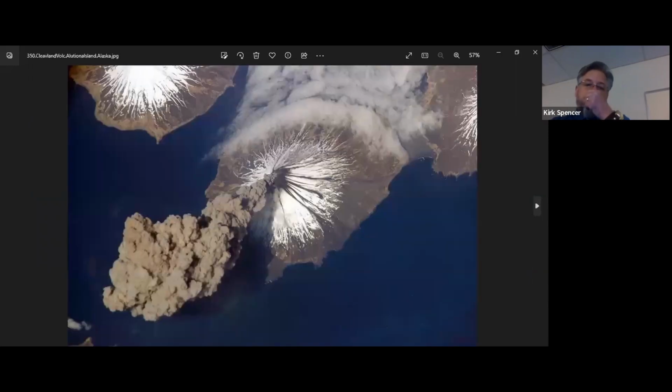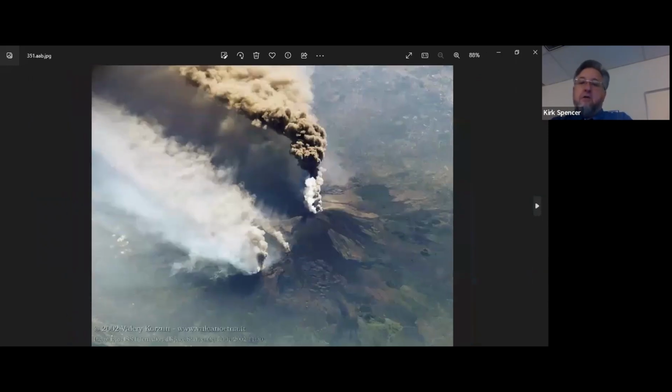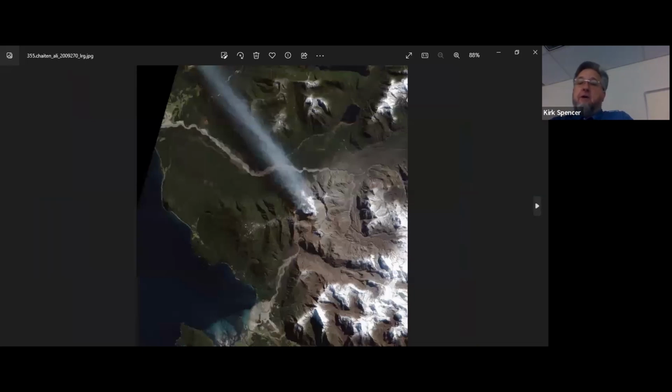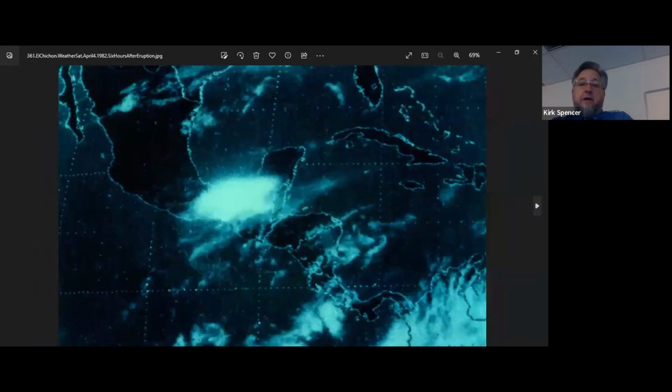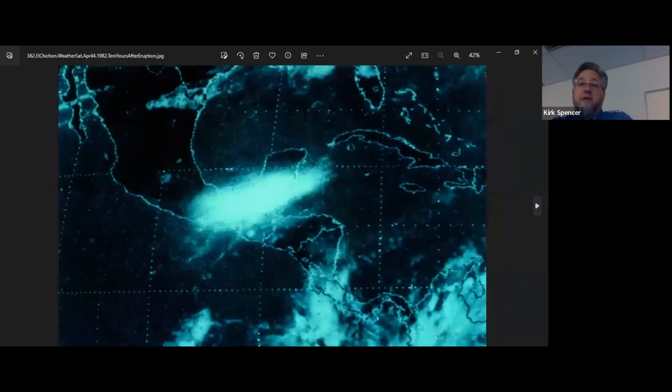All through Central America, Mexico has its volcanoes, and there's the Cascade Range in Washington, Oregon, and Northern California. This is the Yucatan weather satellite. You can see the initial plume of El Chichon. That's 1982. A few hours later, it's covering pretty much all of the Yucatan.